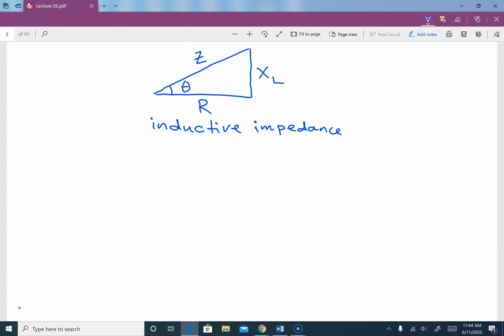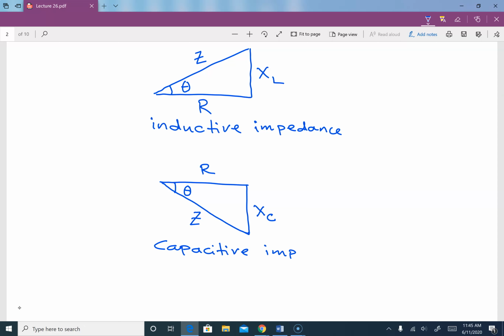For capacitive impedance, it will look like this. So this is our theta, which means it will be negative. And over here we will have X sub C. This is our R, and this is the magnitude of the impedance. So this here we can say capacitive impedance.